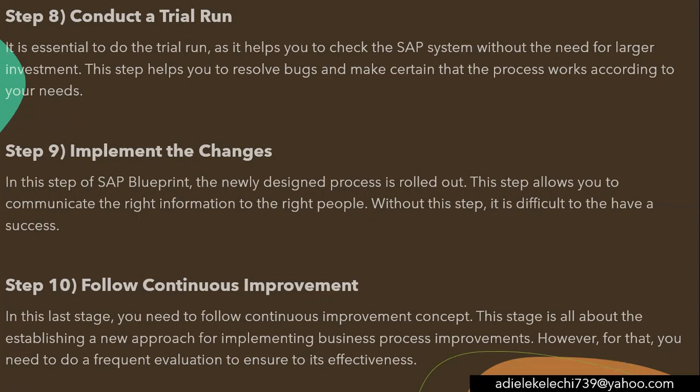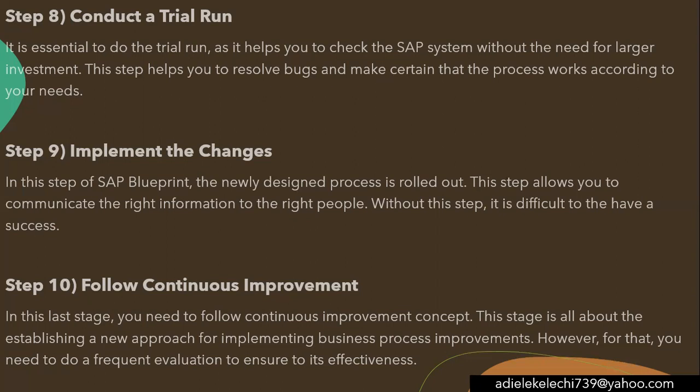The next is implement changes. Of course, changes come up in every project, either from the business side or from the implementation team. So as the project keeps rolling and activities are moving by, there will be a need to implement change management processes, making sure that the right people have the right information, and the right people are put in the right positions to support the project.